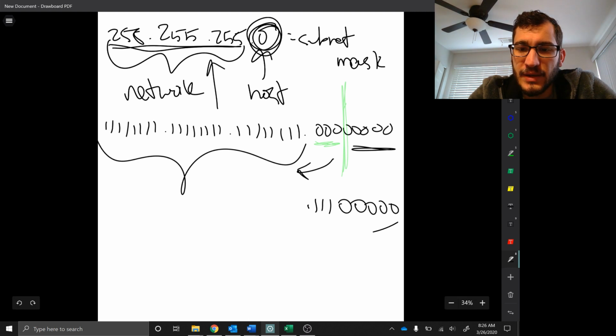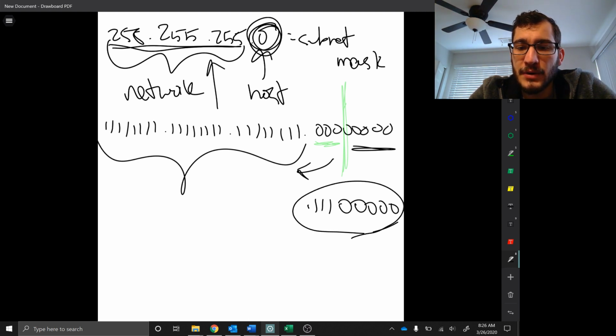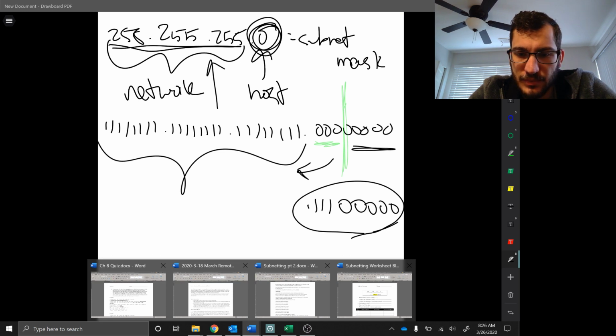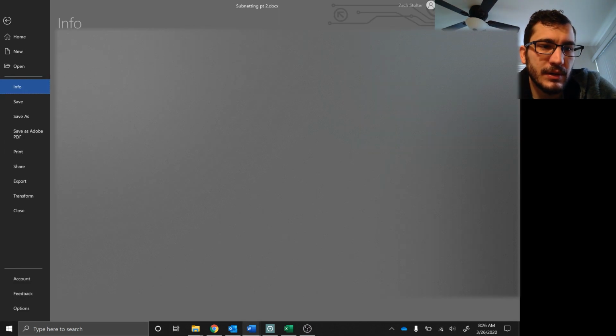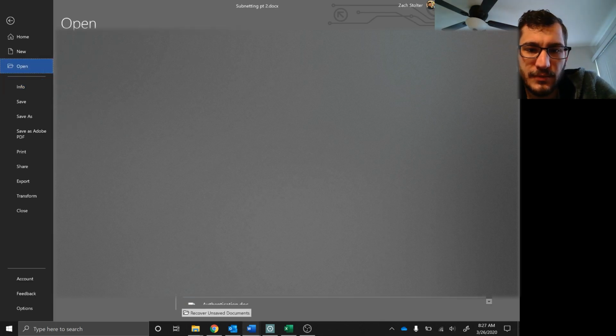Now this should look vaguely familiar to you guys. Not necessarily the specific number, but the fact that you now need to find the decimal equivalent of this binary number. You did this in your homework. Do I have that sheet still up? I do not. Let me open it real quick for those of you who have forgotten.